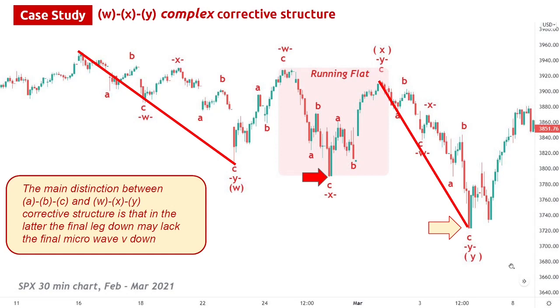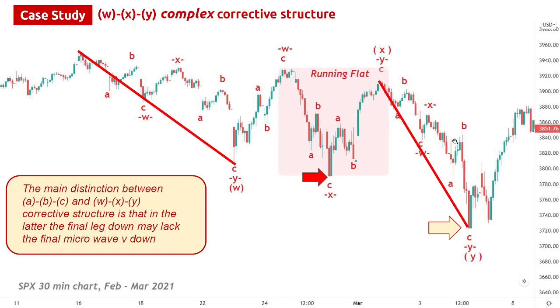This is why you need to understand that sometimes when you track a simple ABC down, you may be dealing with a more complex WXY structure. And in a WXY structure, you would not get that perfect one more lower low scenario.